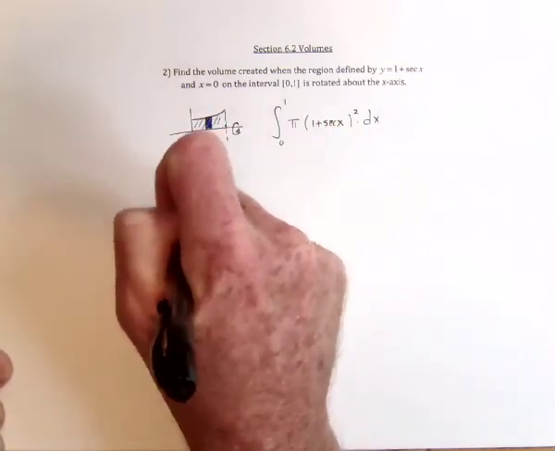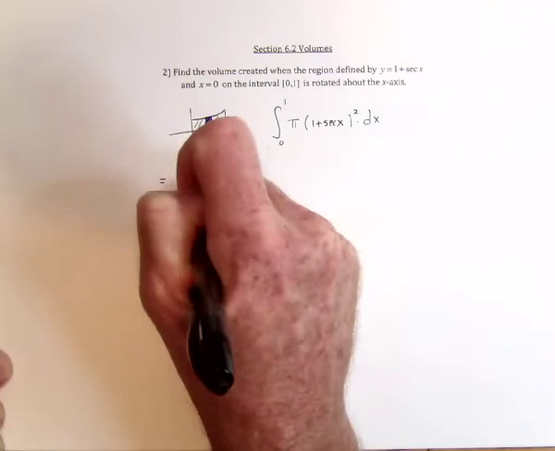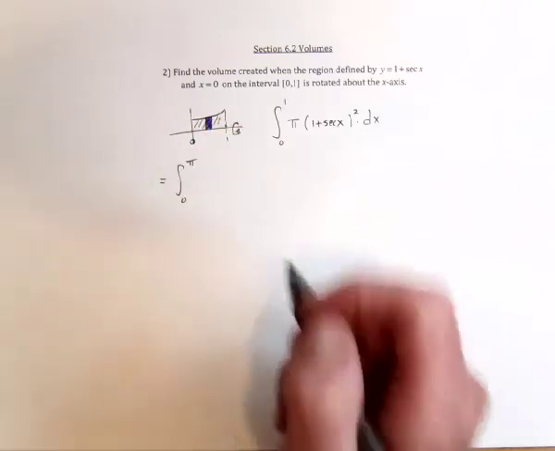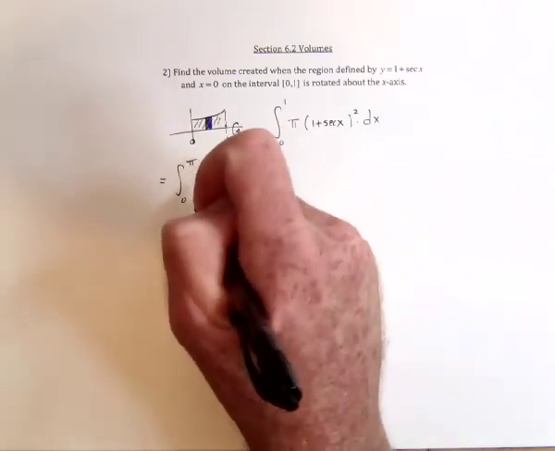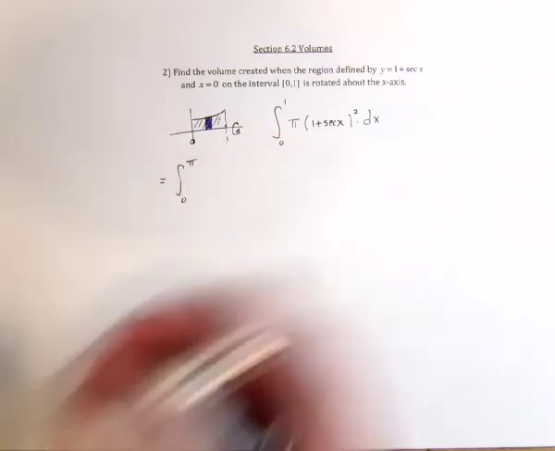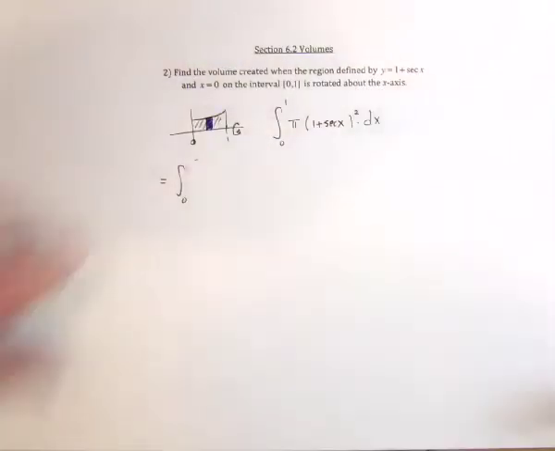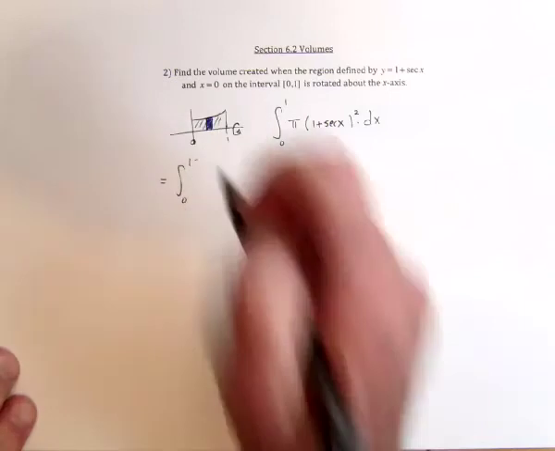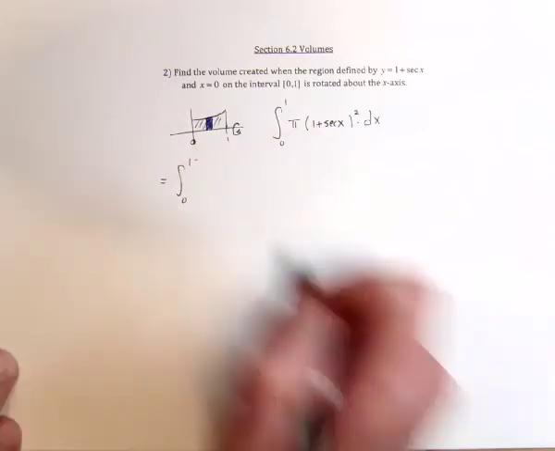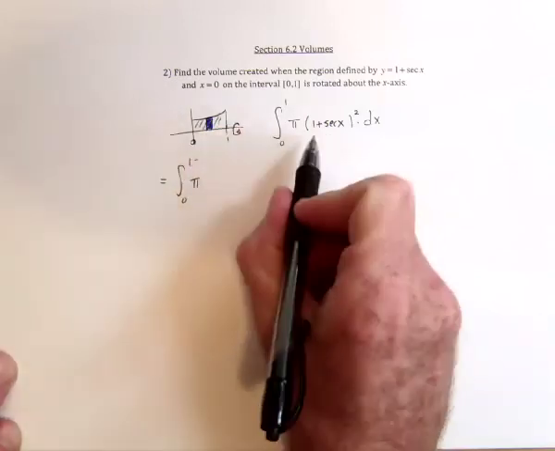So it's going to be the integral from 0 to 1 of pi, and then square this binomial.